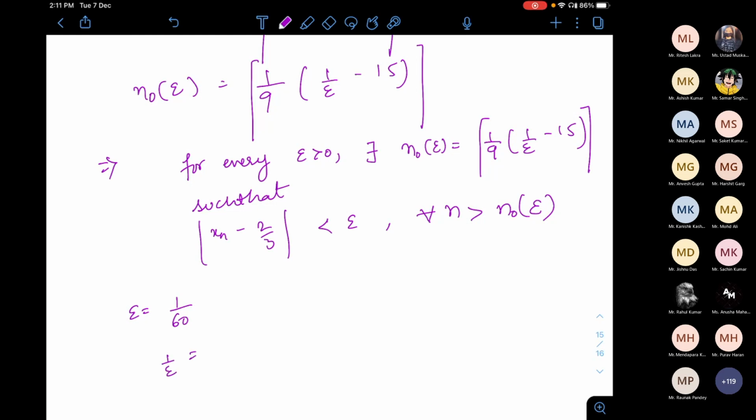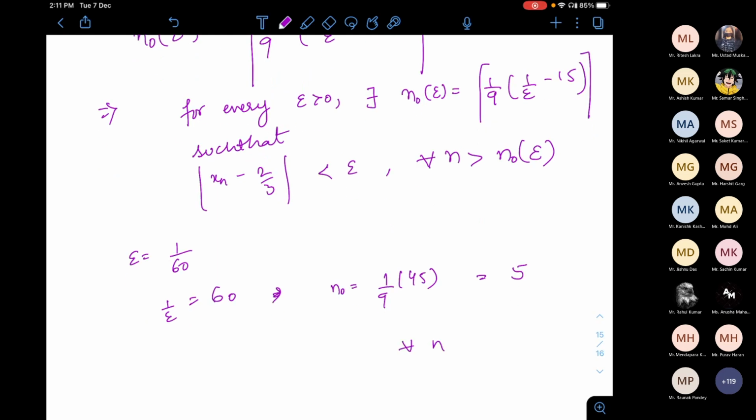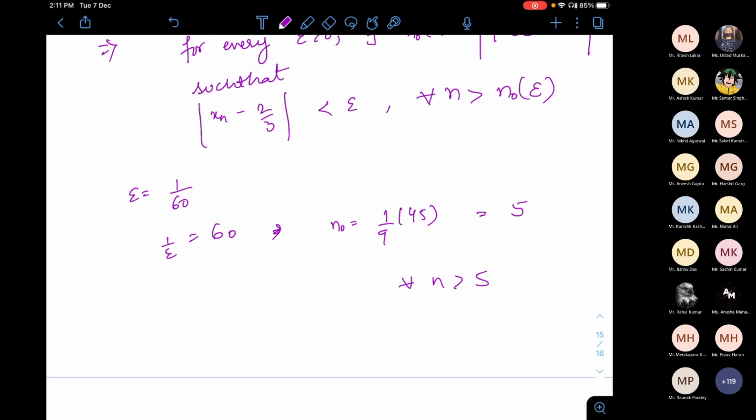Then 1 by epsilon is 60. Then we should take n naught to be 6, otherwise the condition will not hold true. n should be greater than this.